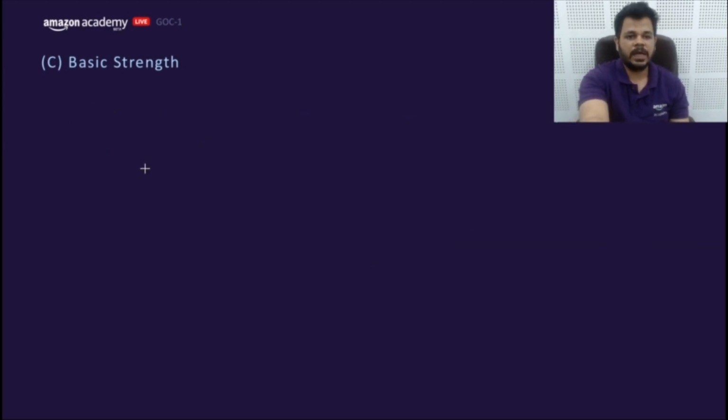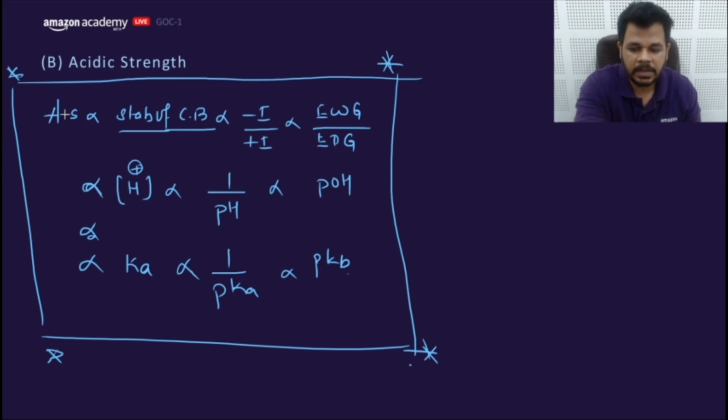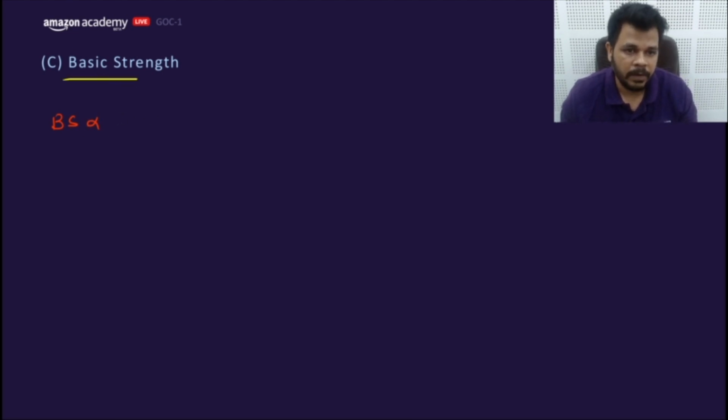This is basic strength. We can conclude the basic strength considering these points. We can answer the Brahmastra for basic strength also. Basic strength is directly proportional to what? Very importantly, when we are talking about basic strength in organic chemistry, we are considering what? More like Lewis base.